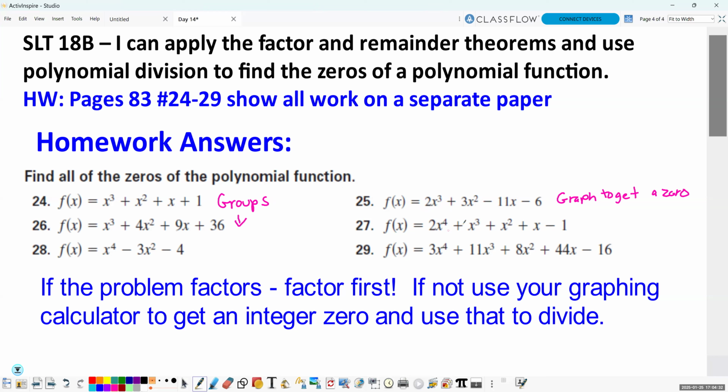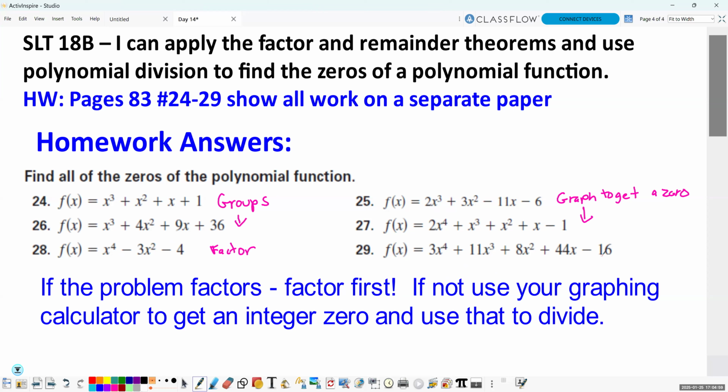Now, 27 is 5 terms. Because there are 5, immediately I'm going to need to graph to get a 0 and divide it out. And then I hope that what's remaining groups. If after I divide out that first 0, the 4 terms do not group, I will need to divide out a second x-intercept. When I look at number 28, it's going to factor just like number 3 in our classwork.